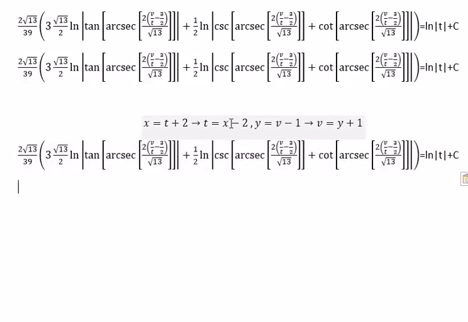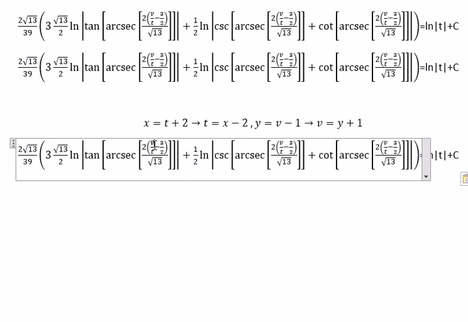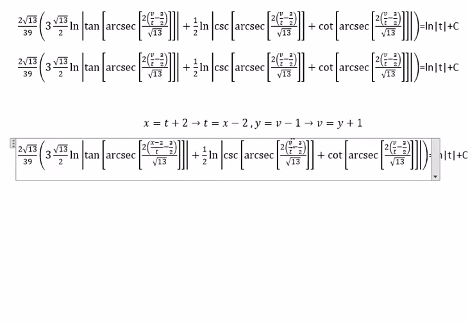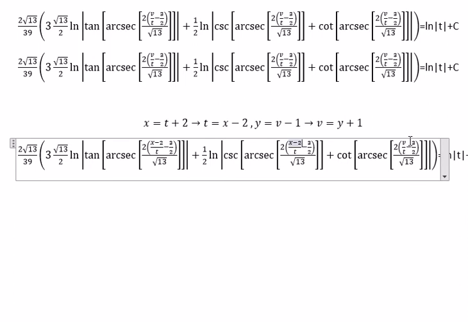So we have s minus 2, that's it for v. About t, t is actually s minus 2, sorry, I was wrong.